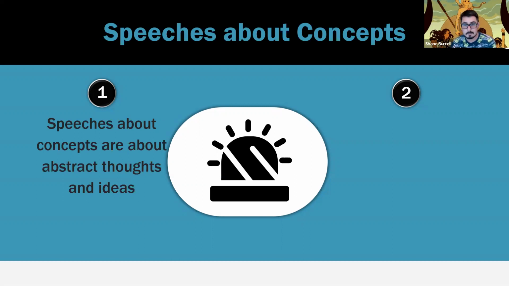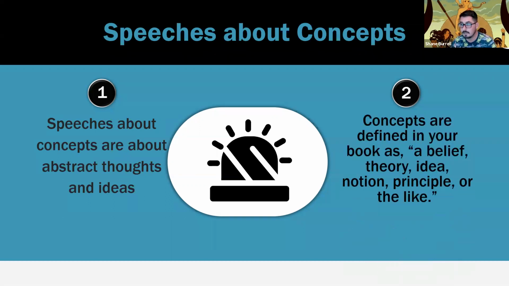These are concepts. But in your book, concepts are defined as the belief, theory, idea, notion, principle, and all of the stuff in between, right? So when you're thinking about a concept, think about the theory of relativity, right? Think about E equals mc squared. These are concepts, these are ideas, these are thoughts, these are abstract, right?